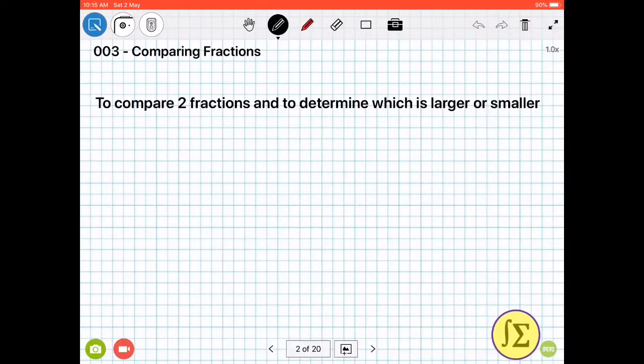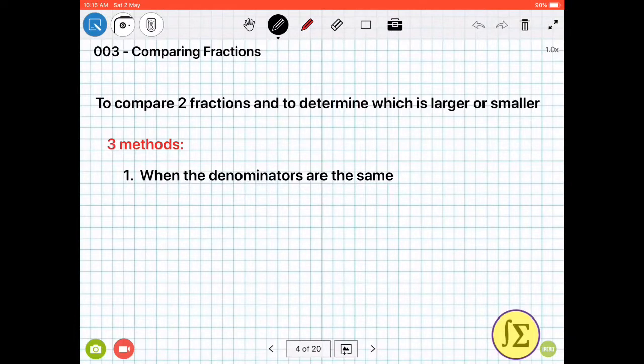There are three methods. I'll briefly list down the three methods and we'll go through each one of them in detail. The first method is when both fractions have the same denominator.